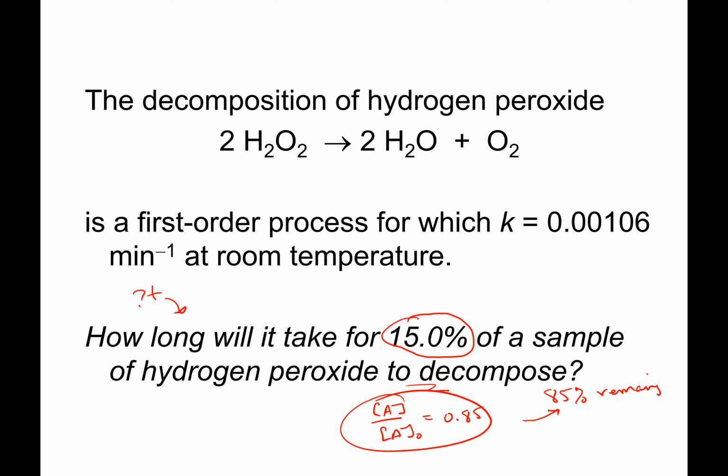So now, Daniel, you have the sheet in front of you, which equation can we use to get to time? Well, we have K, and we have A over A0. We're trying to get to time.